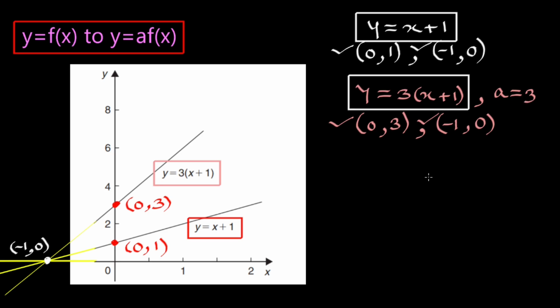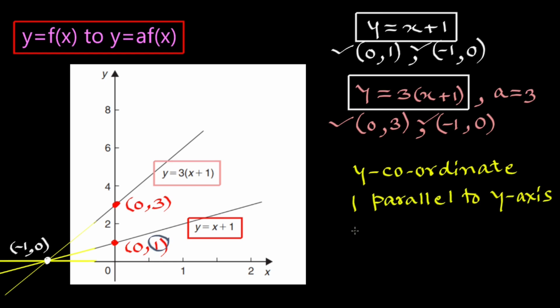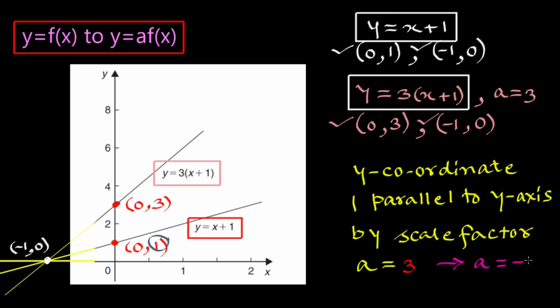This we can do directly by moving the y coordinate 1 parallel to the y-axis by scale factor a, which in this case is 3. If the scale factor a is negative 3, then we have to move parallel to the y-axis downwards. In both these cases, the point on the x-axis (minus 1, 0) remains the same.